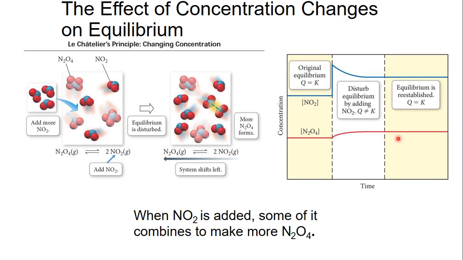Again, the value of K will not change, but the concentrations will change so that the ratio of products to reactants equals K again. If we add NO2, you can see that NO2 is used up to make N2O4 until the concentrations don't change anymore, and equilibrium is reestablished.